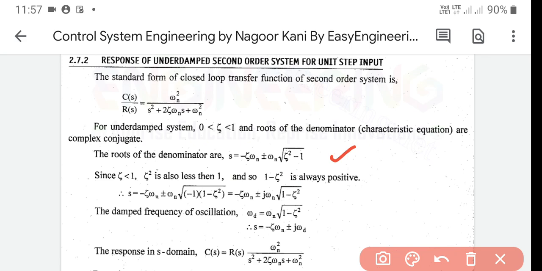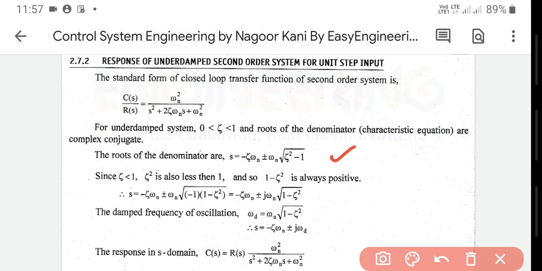Now since zeta is less than 1, what happens to the zeta square value? Zeta square is also less than 1, so 1 minus zeta square is always a positive value.